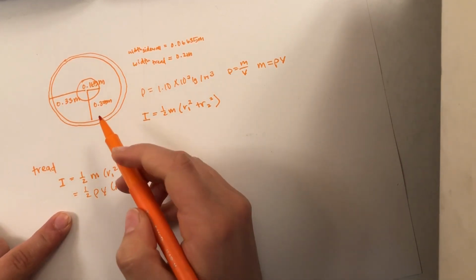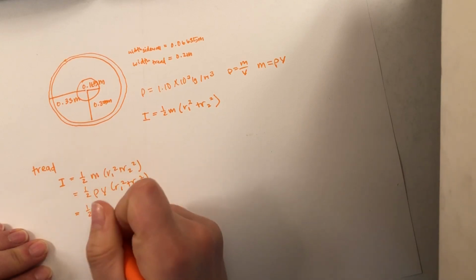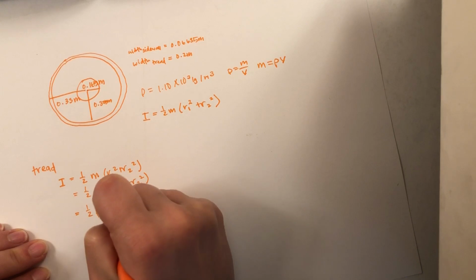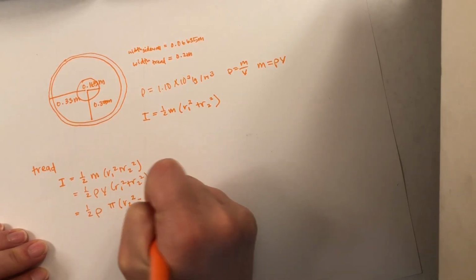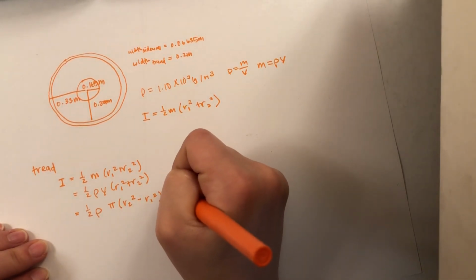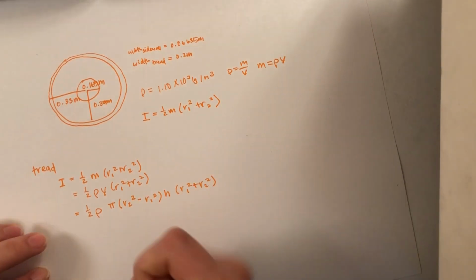The volume of this hollow cylinder is pi (r2 squared minus r1 squared) h, times (r1 squared plus r2 squared).